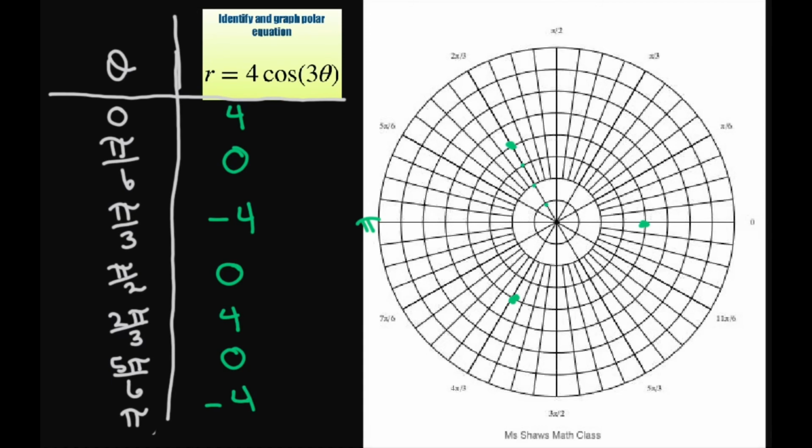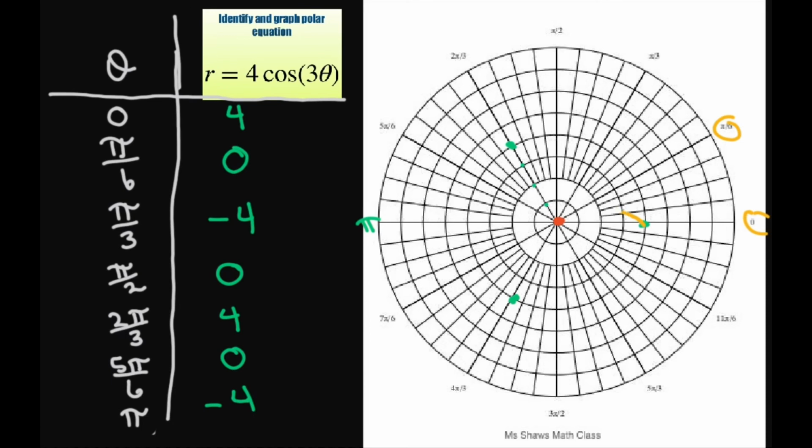Now my zeros happen at pi divided by 6, pi divided by 2, and 5 pi divided by 6. So basically, if we're starting at angle 0 here, the next step is this one.